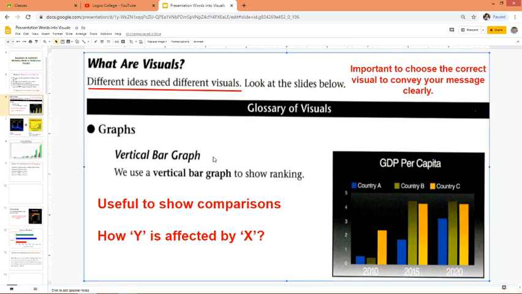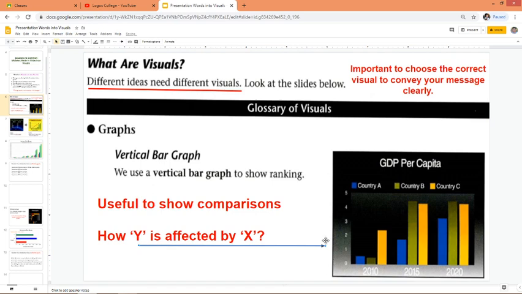The first type of graph is the vertical bar graph. This is very popular. It shows ranking and is useful to show comparison, how y is affected by x. So the y-axis is this right here.